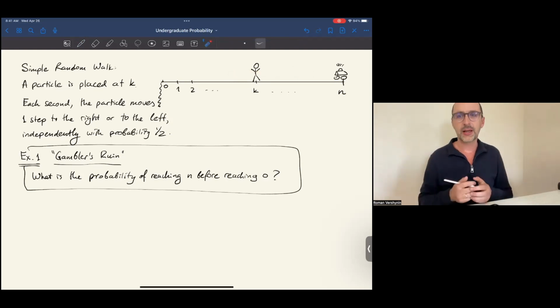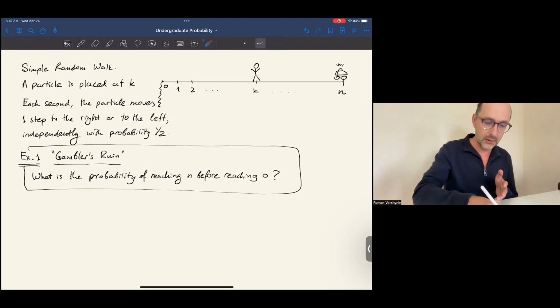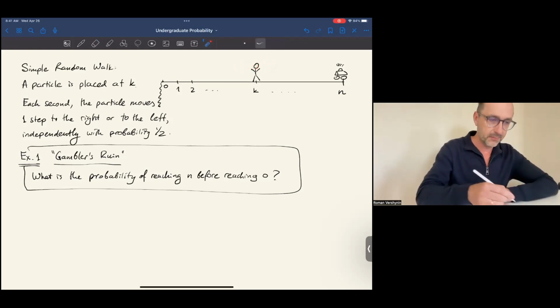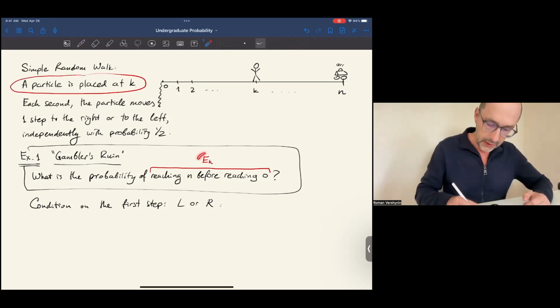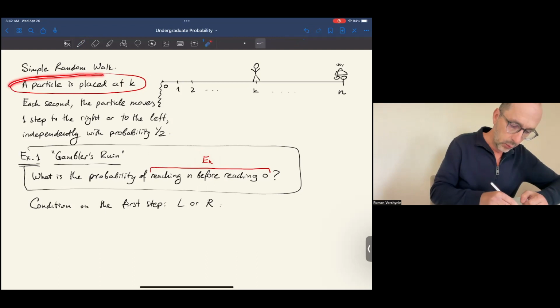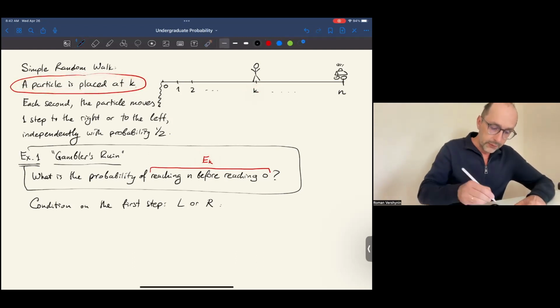A conditioning trick helps. Specifically, we will condition on the first step of the walk, whether it is to the right or to the left. And we will compute the probability of this event. Let's call it E_k, indicating that the walk starts at location k, by using the law of total probability.